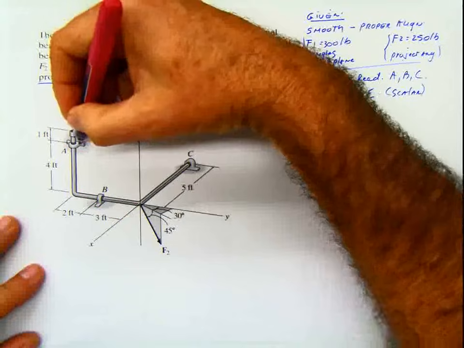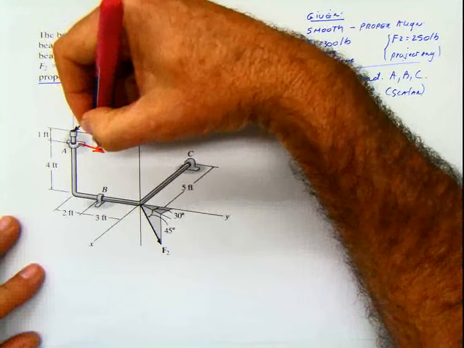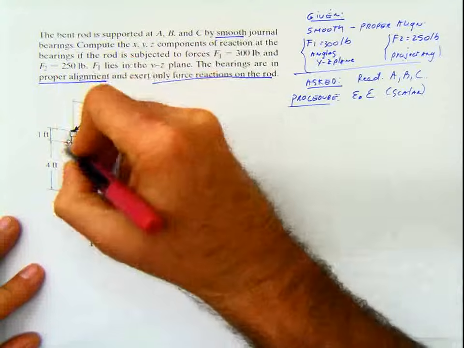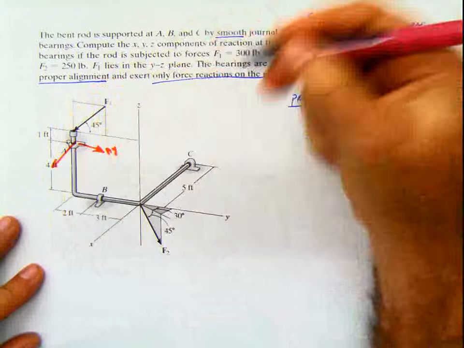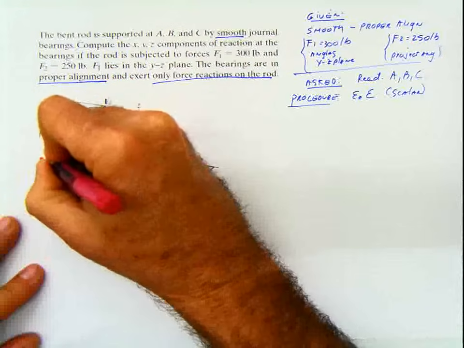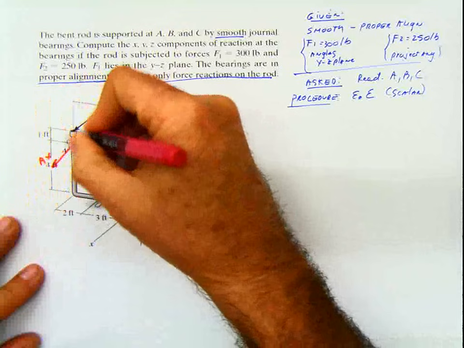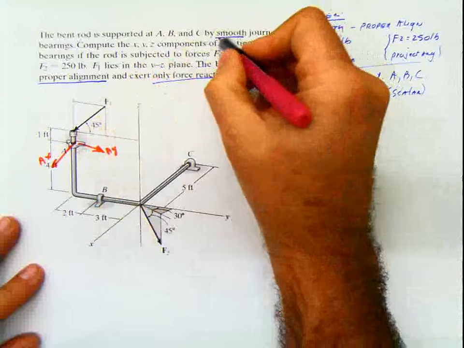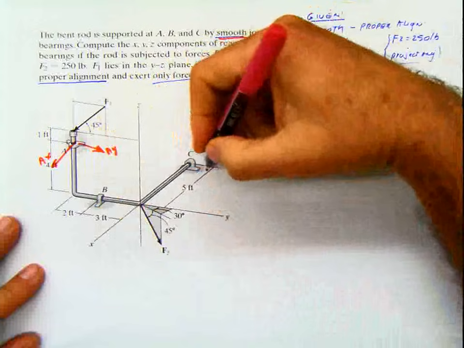At A, I'm going to have a reaction going in this direction, which is AY. And I'm going to have a reaction going in this direction also, which is AX. There's no reaction in the Z direction because of the smooth journals. In this part, same thing.